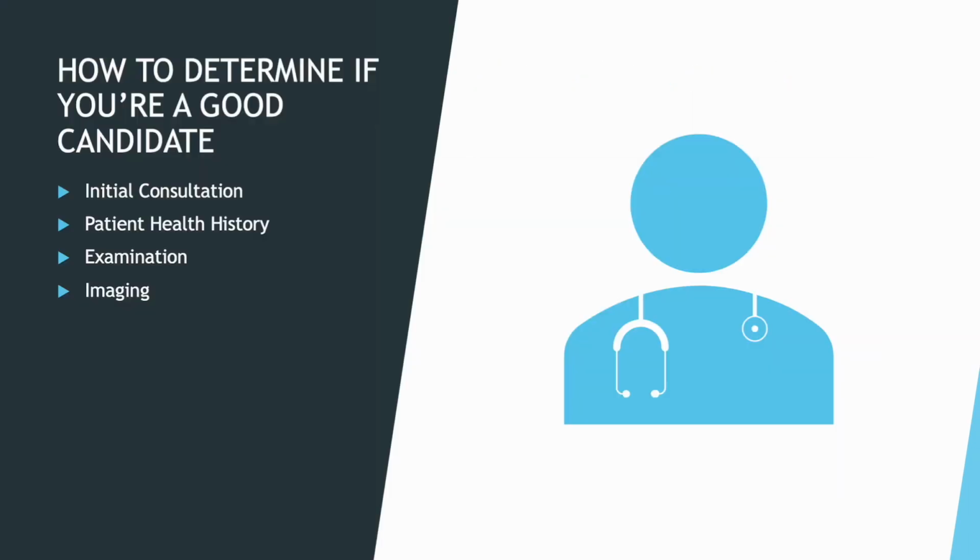Okay, so how do we determine if you're a good candidate? Well, we need to sit down with you, of course, and hear about your health history and what may have caused this and what you've done up to this point to try to fix it and what the results of that were. Of course, we're going to do a physical examination to see what we can find from an orthopedic testing standpoint.